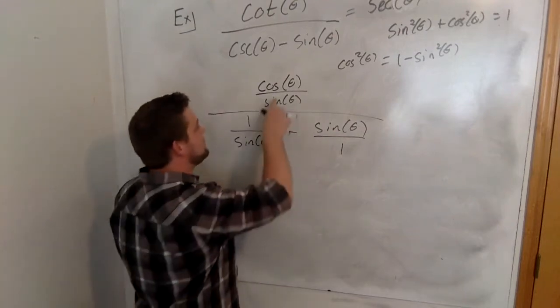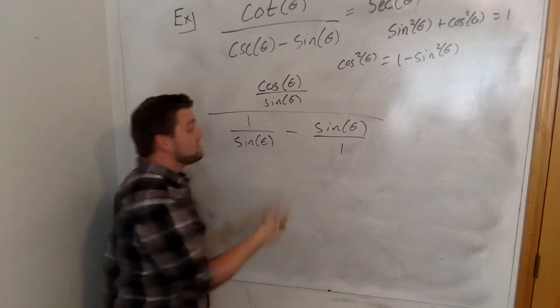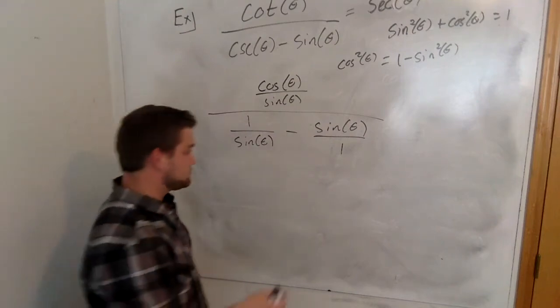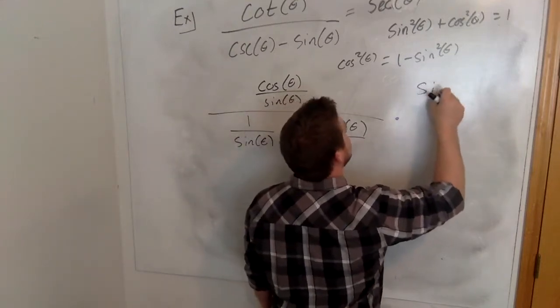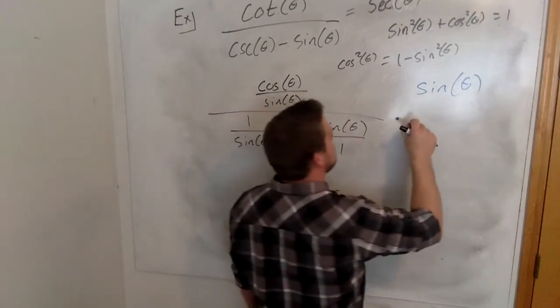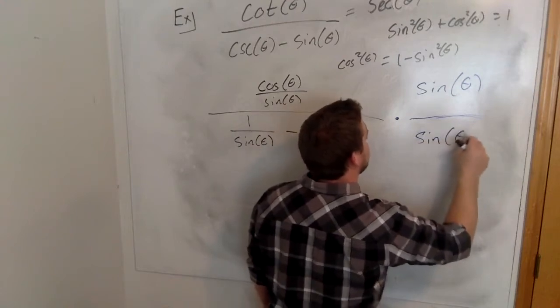If I'm looking at all these denominators, we'll have a sine of theta and a 1. What's the least common denominator? The least common denominator is a sine of theta. So we could have cleverly multiplied by 1 into the larger fraction: sine of theta into the big numerator over sine of theta into the big denominator.